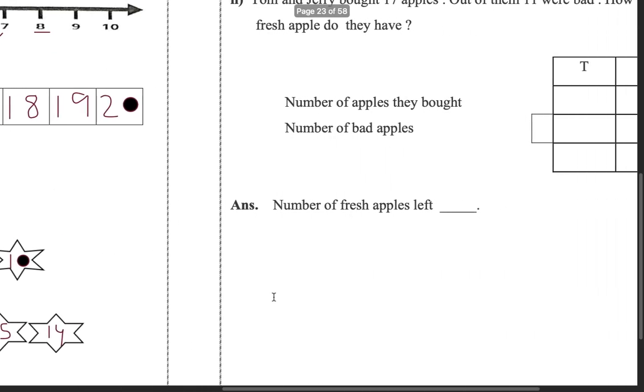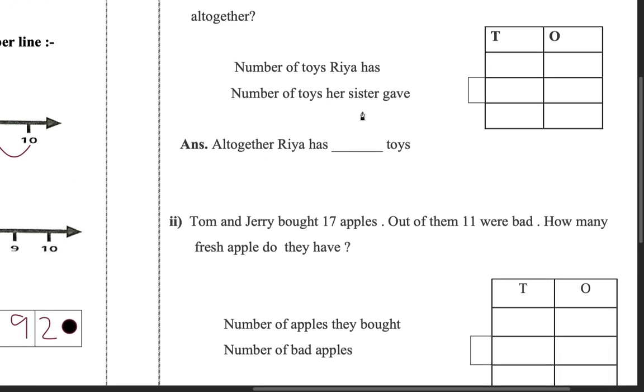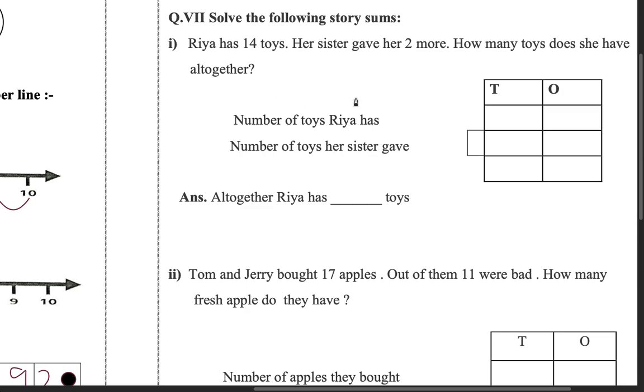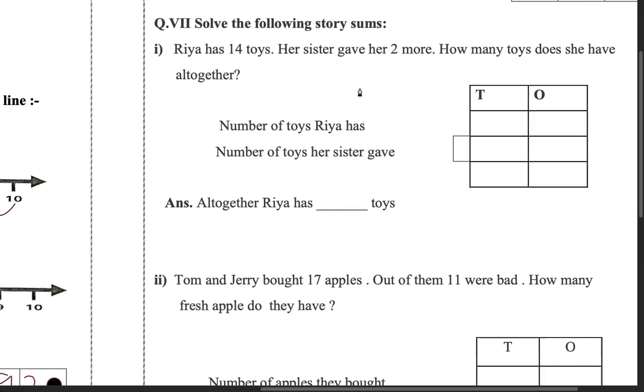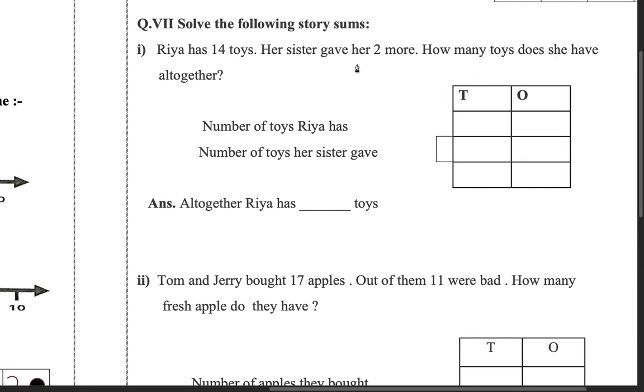So the next question is, Ria has 14 toys. Her sister gave her 2 more. How many toys does she have altogether? Number of toys Ria has 14.